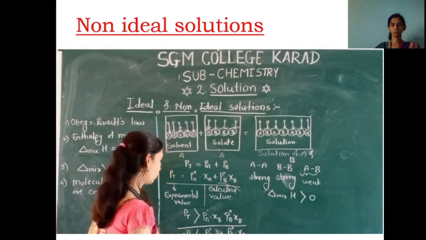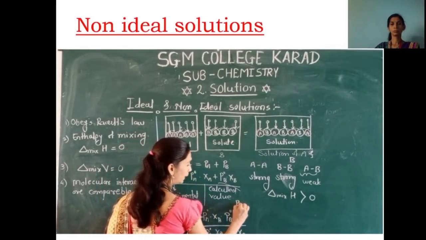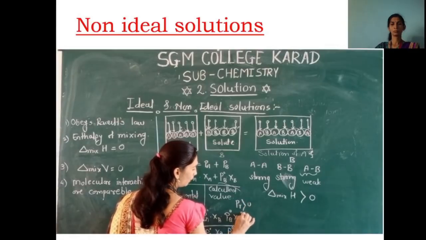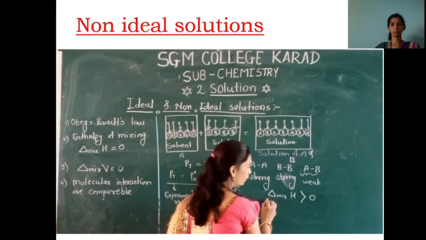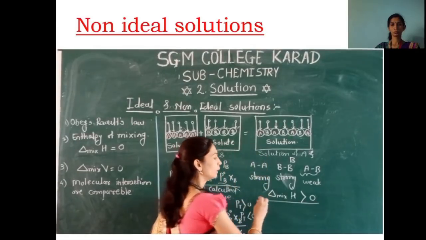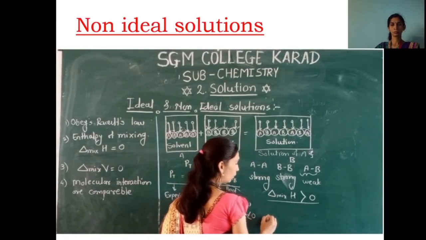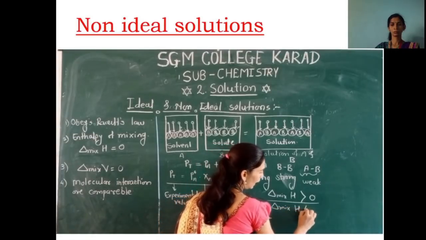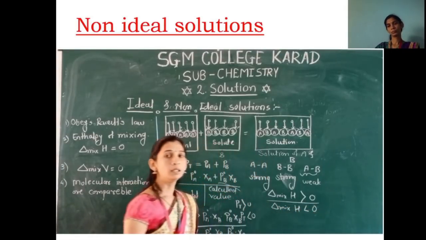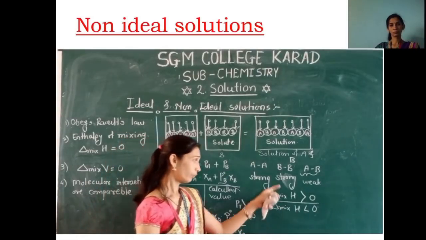Greater than 0. Here also we write the value of PT is greater than 0 and PT is less than 0. Here, if the value is greater than 0, then it is positive deviation, while if the value of delta mixing H is less than 0, then it is a negative deviation.